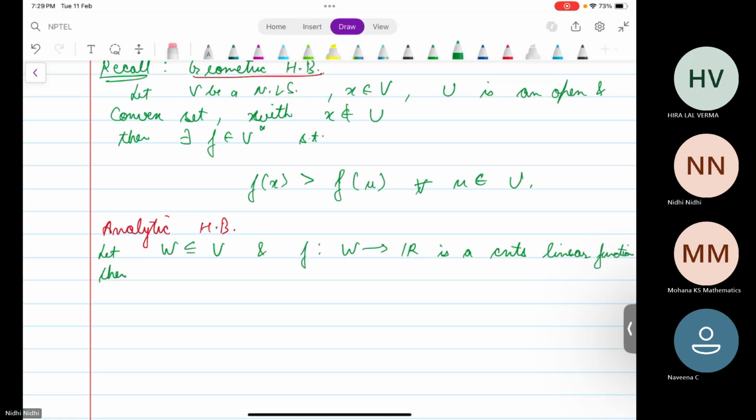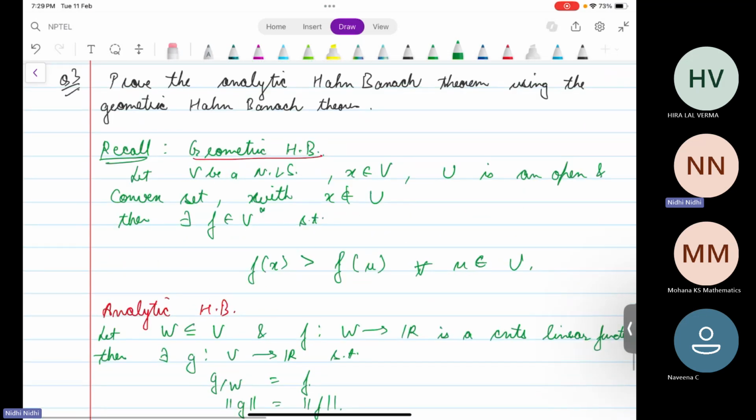Then there exists a functional g defined on V to R such that g restricted to W is equal to f and norm g is equal to norm f.